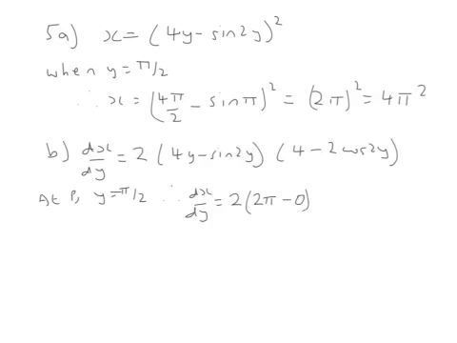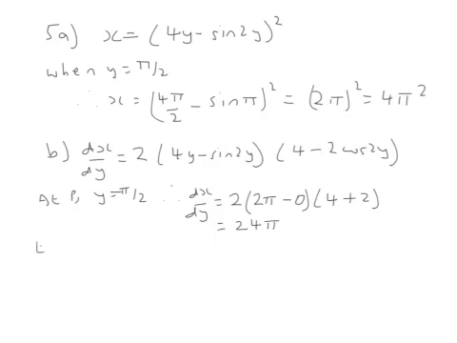Didn't really need to put that in, but there it is. And then we've got a 4, and then we've got cos of 2y, or 2 times pi over 2 is pi, so it's the cos of pi. The cos of pi is minus 1, so it's minus 2 times minus 1, that's plus 2. 4 plus 2 is 6, 6 times 2 is 12, so we've got 24 pi.